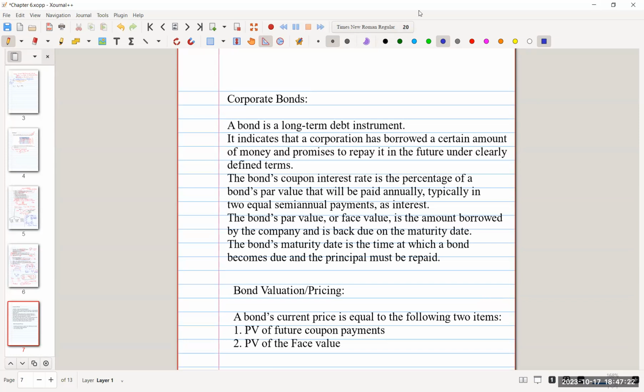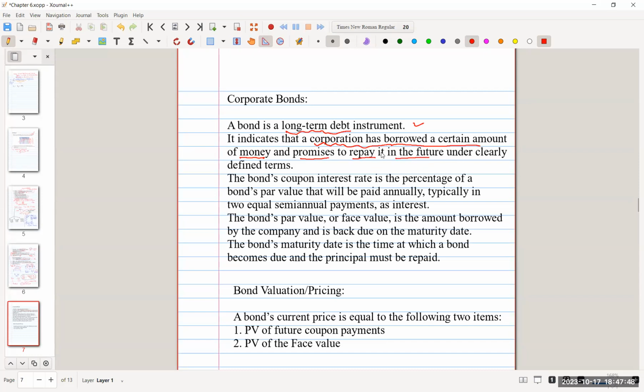First thing, a bond is a long-term debt instrument. Remember that? And what does it indicate? It indicates that a company which is issuing the bond has actually agreed to borrow a certain amount of money. And because they are borrowing, they will have to make a promise to repay it in the future.